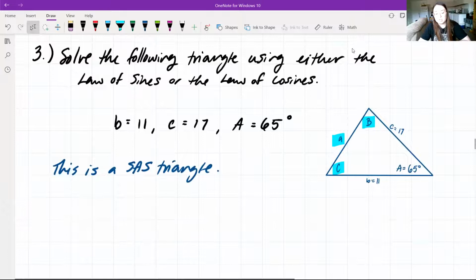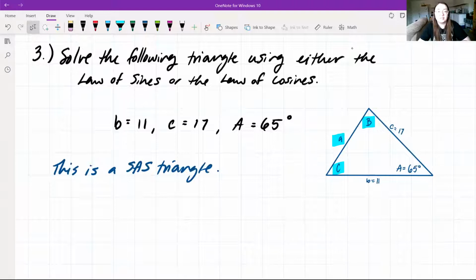And now we just want to determine if it's going to be easier to use the law of sines or the law of cosines. With SAS triangles, we can use either one in this case. But considering that we have two side lengths and an angle, it'll be easier for us to use the law of cosines.